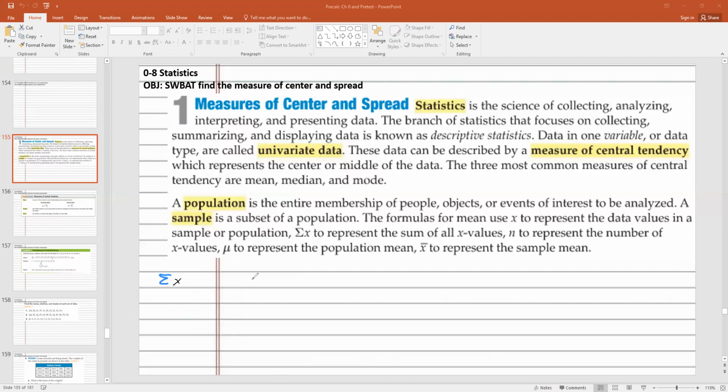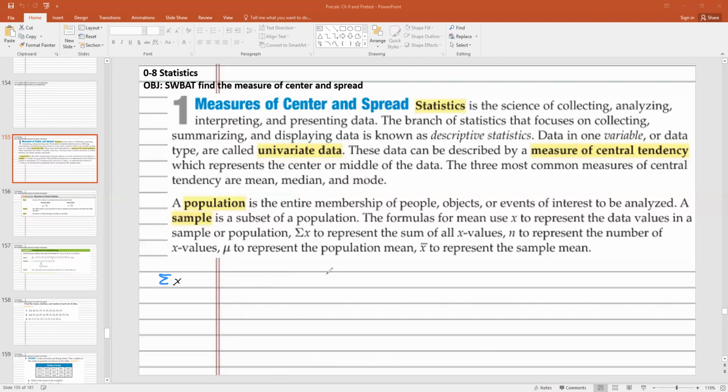Whatever all your data points are, you're going to add all those together.